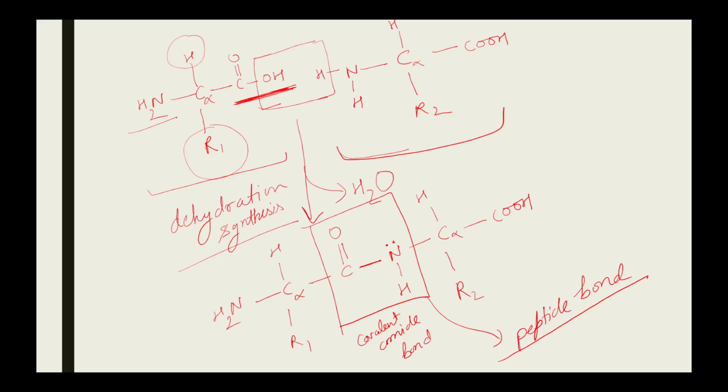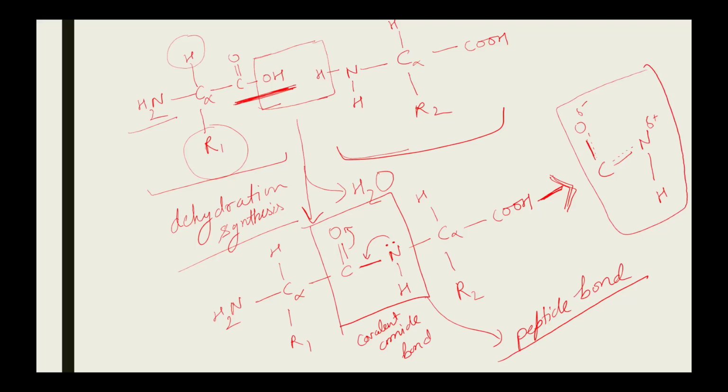This nitrogen harbors a lone pair, which allows the shifting of electrons, and thus this peptide bond has a resonating structure in which this becomes partially positive, oxygen becomes partially negative, and this becomes a partial double bond character, which is neither a single bond nor a double bond.